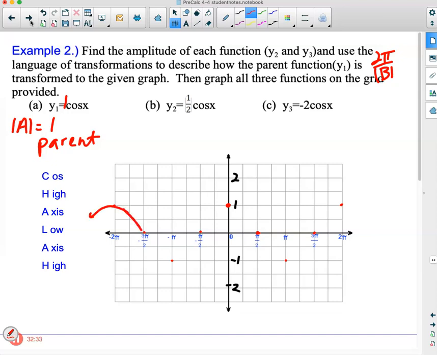And nice smooth curve. And label. Change colors if you got them.